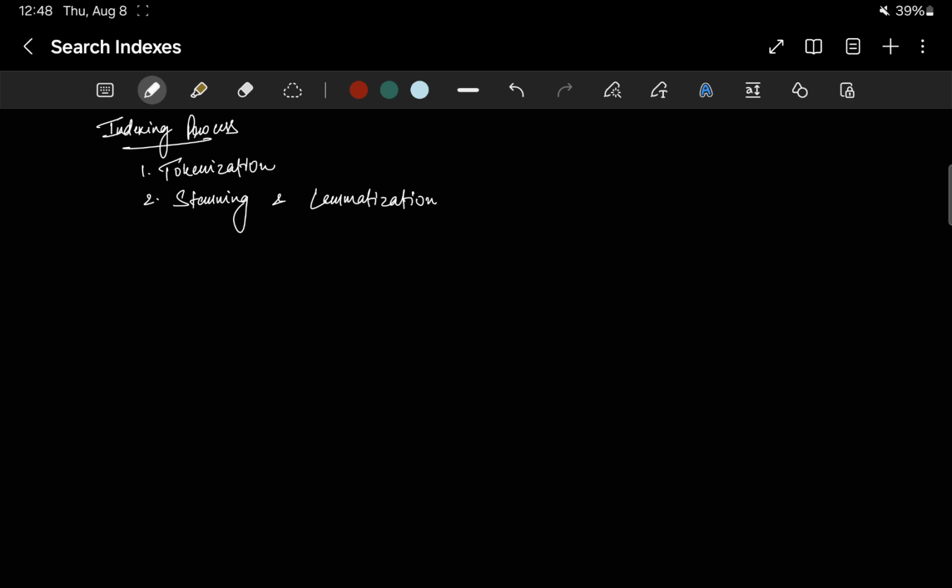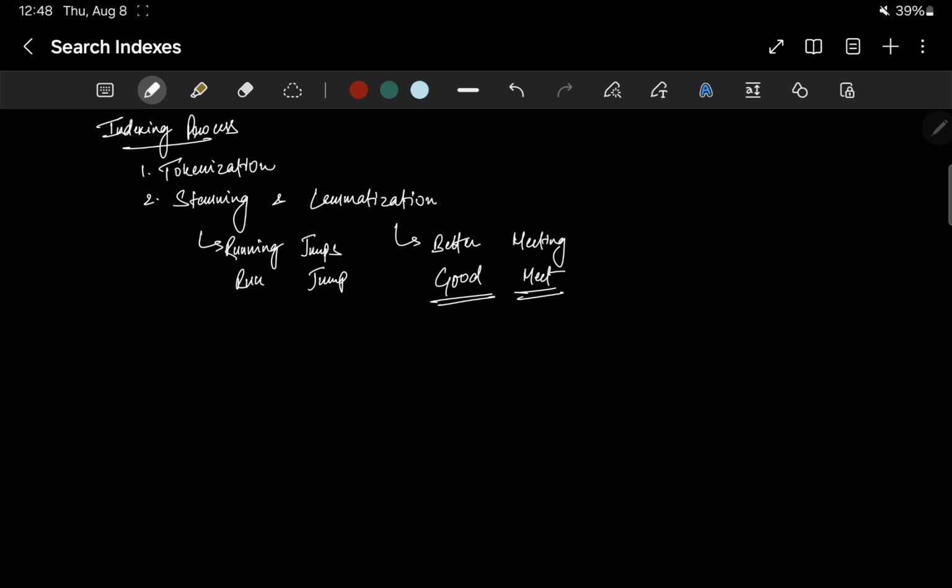If we take the example of stemming, if the word is, let's say, running, stemming makes it run. If the word is jumps, stemming makes it jump. And lemmatization, if the word is better, it will make it good. If the word is meeting, it will make it meet. Basically it will turn it to the root form.